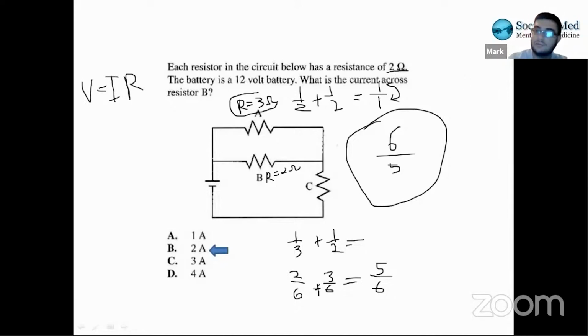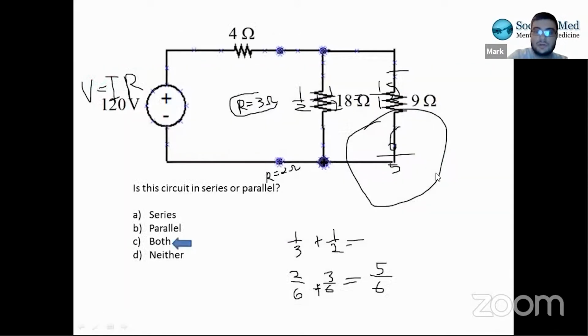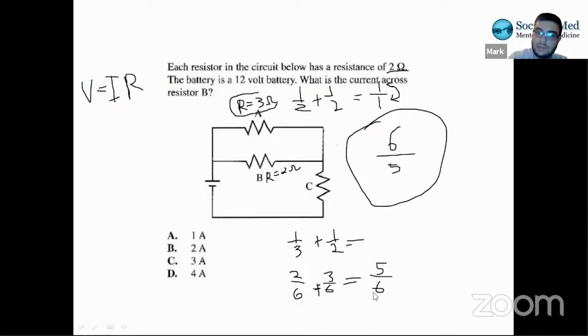Because for parallel, if you look here, the voltage for a parallel is the same everywhere. So you can actually do 12 equals I times whatever the resistance is here, and then you could just find the current that way.